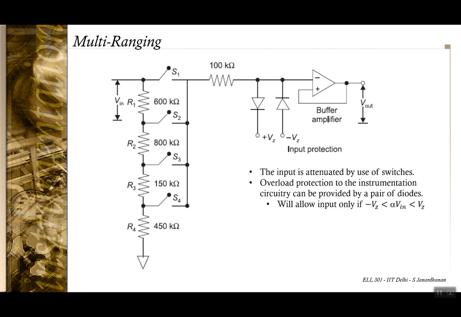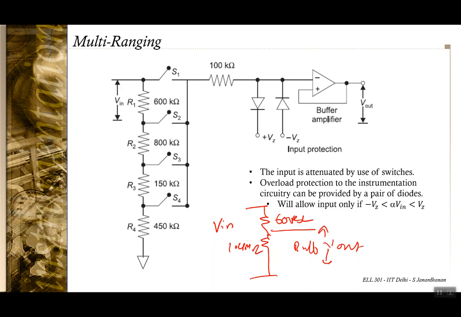instead of a 2 mega ohm resistor, Vin is connected to a 600 ohm resistance, and Vout is connected through the buffer and a 1.4 mega ohm resistor here. So a part of Vin goes into the system.